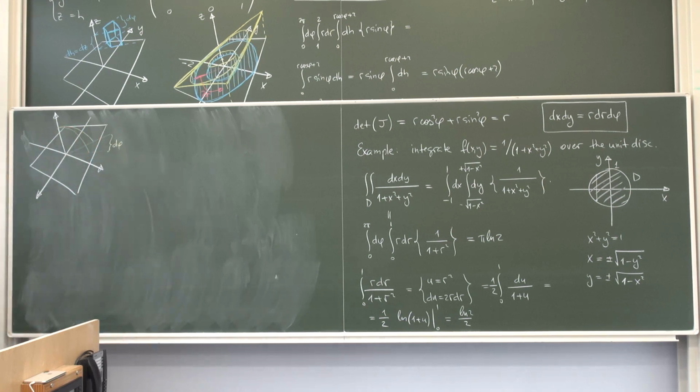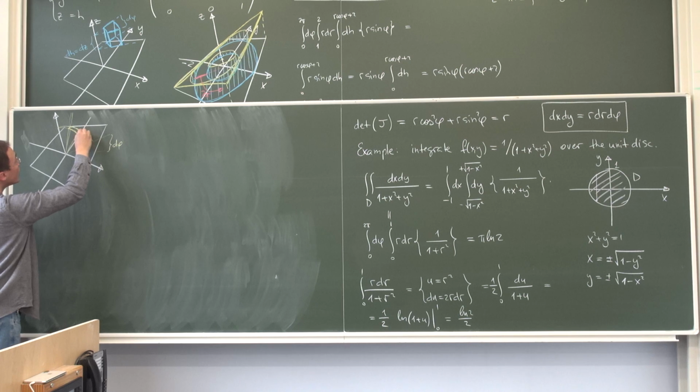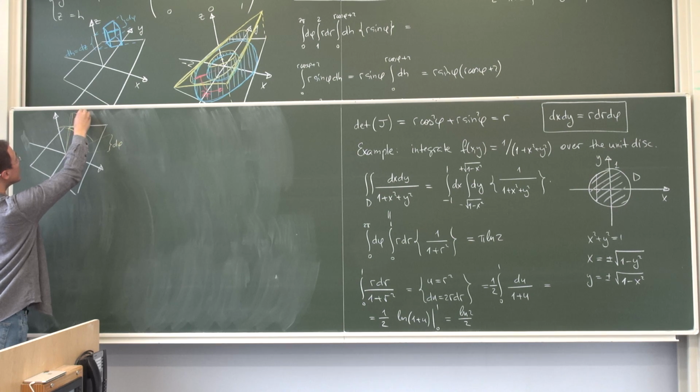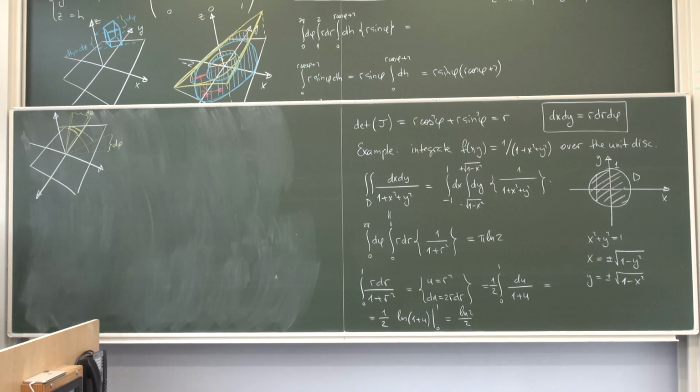So that opening is our d theta. So let's say from about here, here to about there and there. So this, there is theta. And finally we have dr, and that will be there.